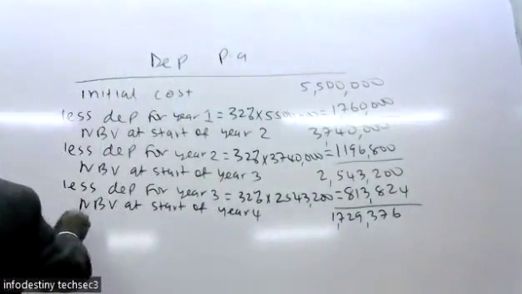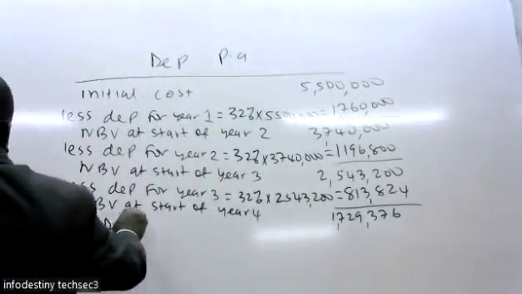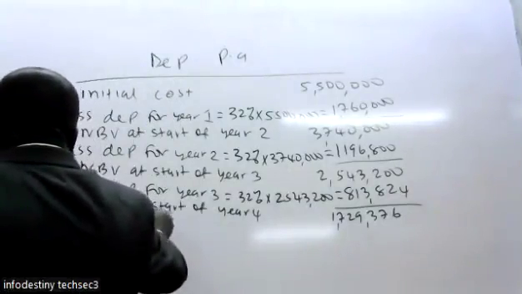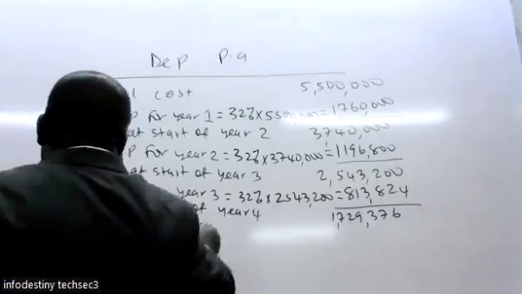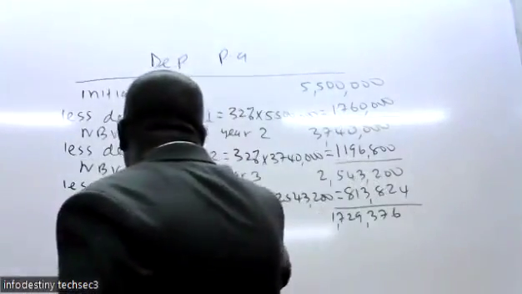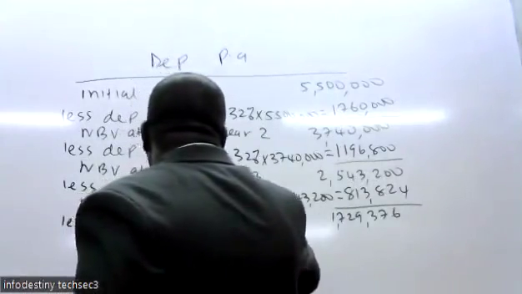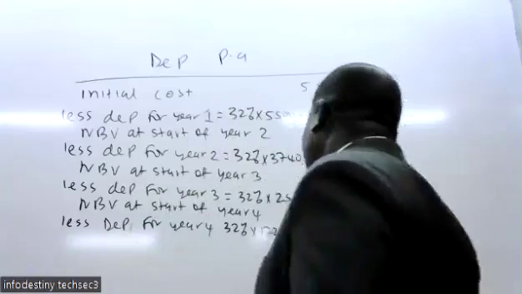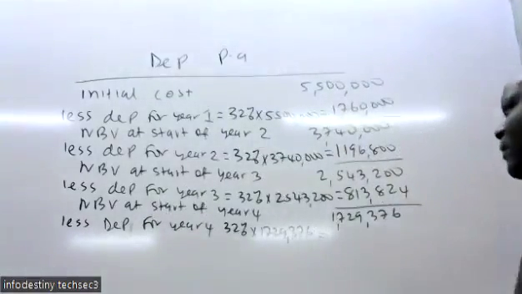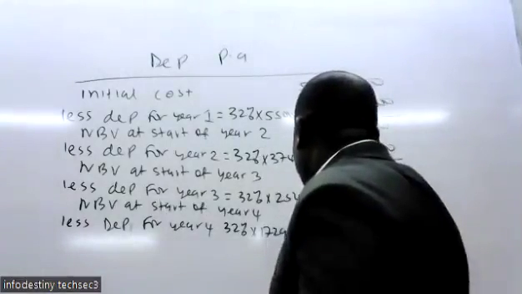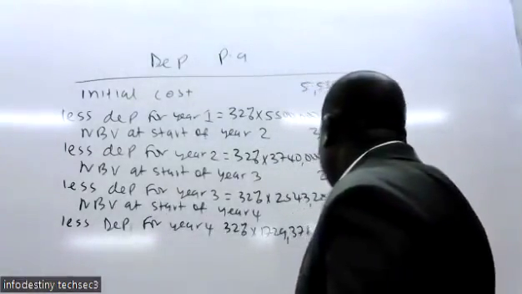For year 4, you also get 32% of 1,729,376, which is 553,400.